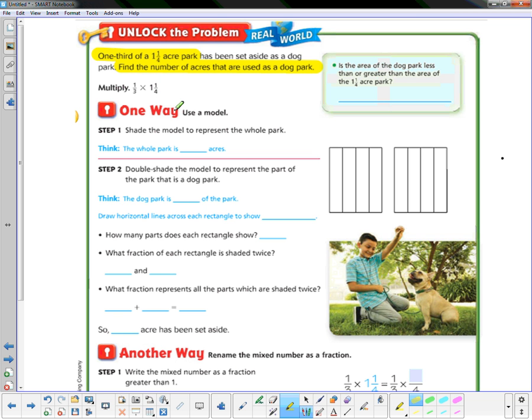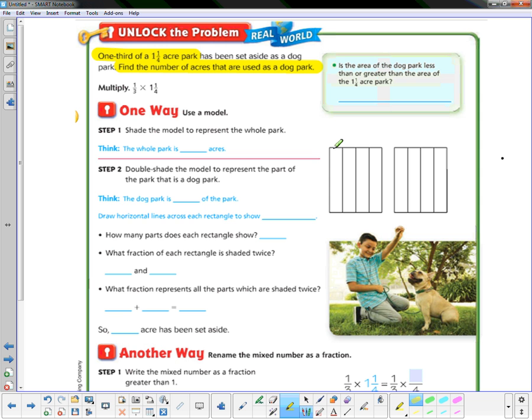So remember what we learned from estimating. When we're timesing a mixed number by a fraction less than 1, my answer is going to be a smaller number than 1 1/4. So we are going to shade the model here to represent the whole park. So we have 1 1/4.